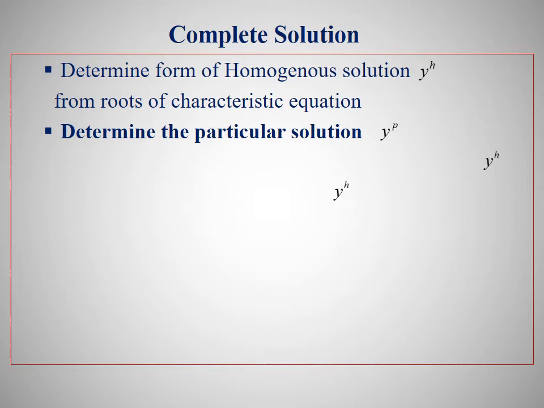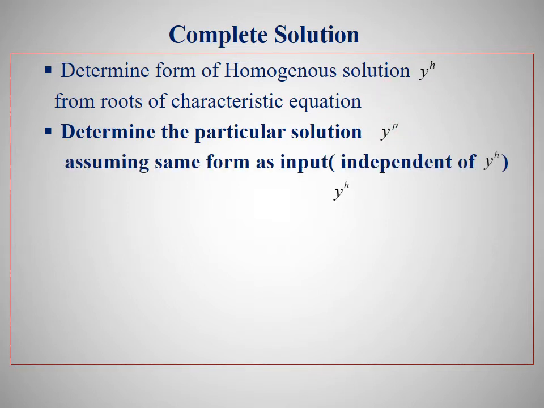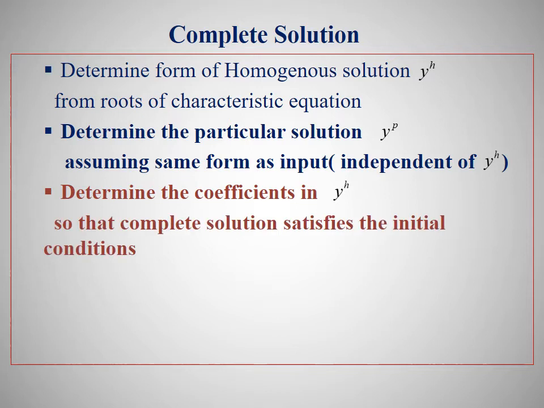The next is to determine the particular solution yp, assuming the same form as the input, and this should be independent of the homogeneous solution. The last step is to determine the coefficients in yh so that the complete solution satisfies the initial conditions. With these three steps, we will go on to consider how the complete solution is obtained for a differential and difference equation respectively.